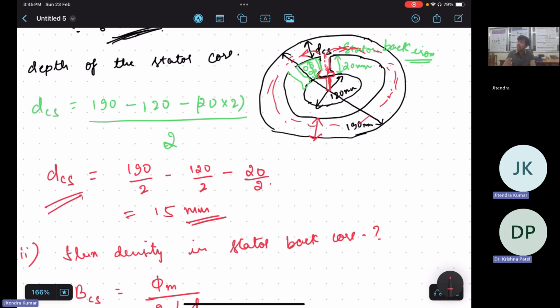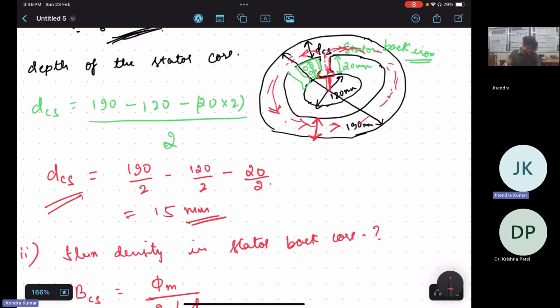Another important trick I have suggested: let's see in which path the flux is flowing. Take the two orthogonal components in the calculation of area. Here flux is flowing in this fashion, so you take one length as this and one as axial. These two are orthogonal, so that will be helpful in considering the area. Why do we do it like that?